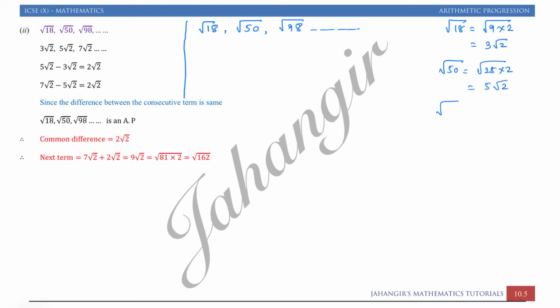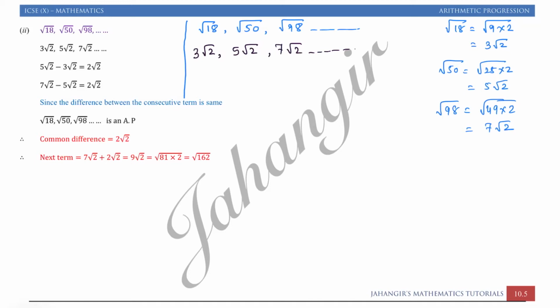Root 98 को I can write root 49 into 2, that is 7 root 2. So my first term is 3 root 2, second term is 5 root 2, then 7 root 2 and so on. Dot dot dot means terms are going on.